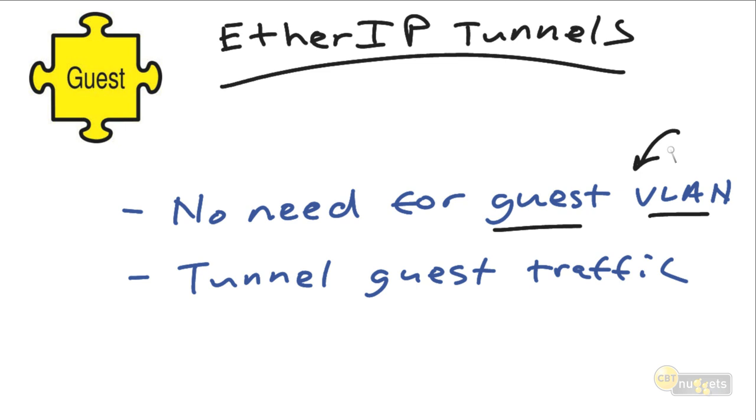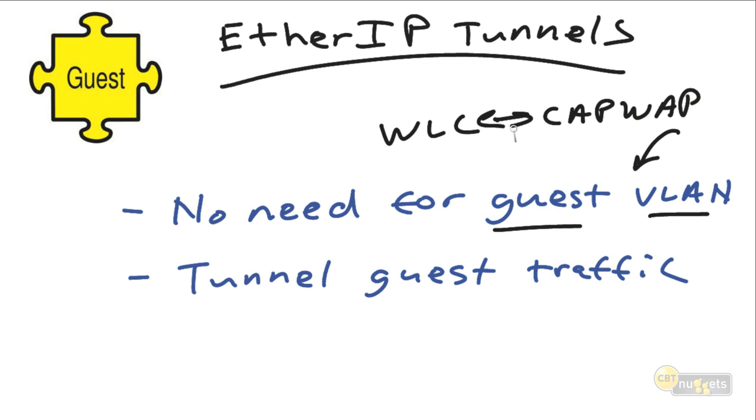Well, good news. There's a more flexible, greater way to do this thanks to the wireless LAN controllers and the language of love that they speak with their access points. It's called an Ethernet in IP tunnel, and it allows us to logically segment and transport this guest traffic between the various access points and most particularly between the various wireless LAN controllers.